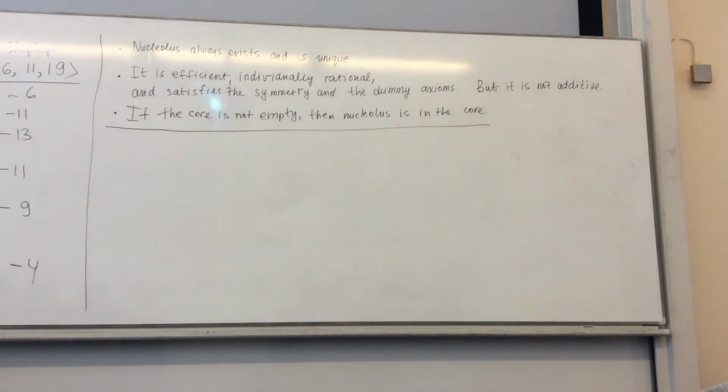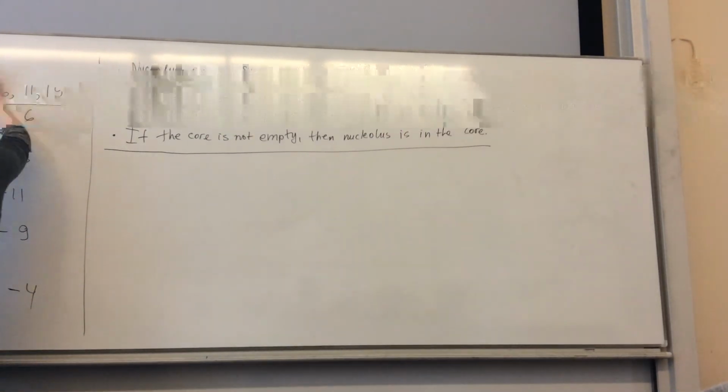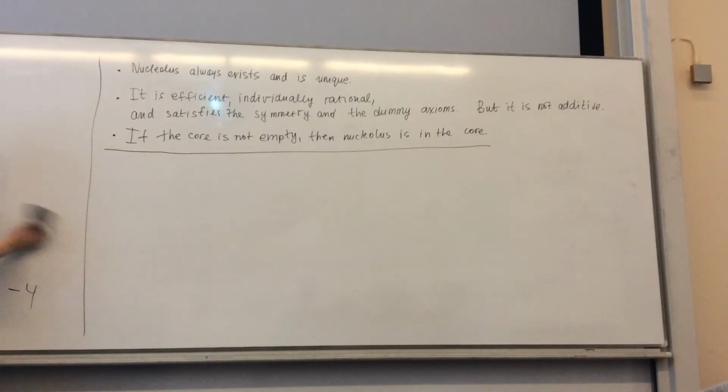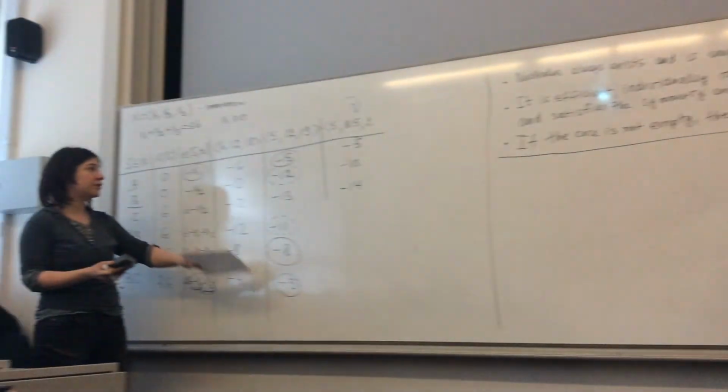The only issue with it could be that computing it is not always a paradise. Let me comment on that a little bit. Generally, computing it is a little harder than computing the Shapley value. And that's because we have to optimize first for the largest excess.